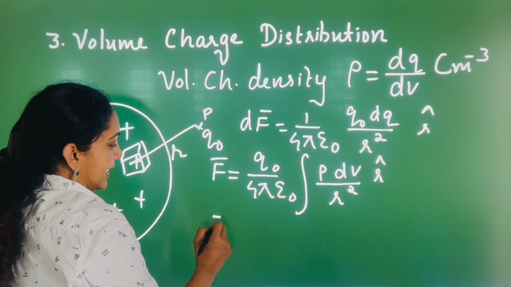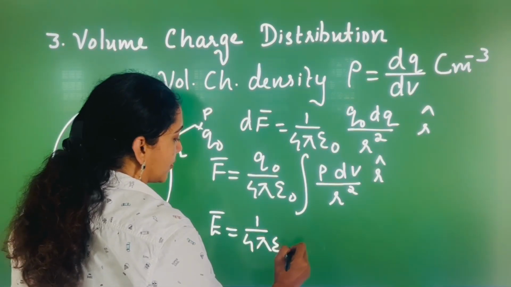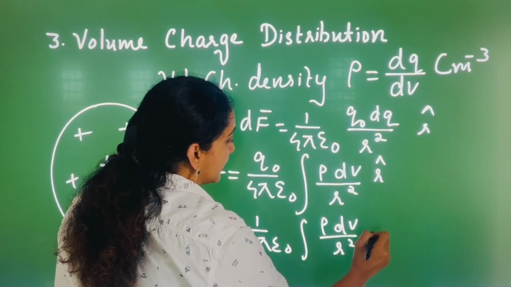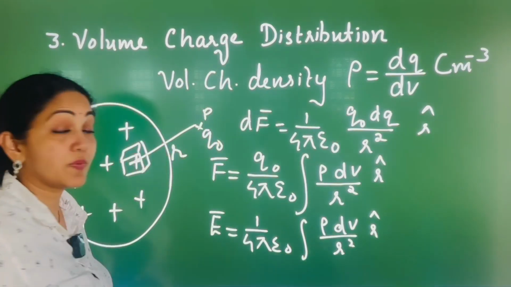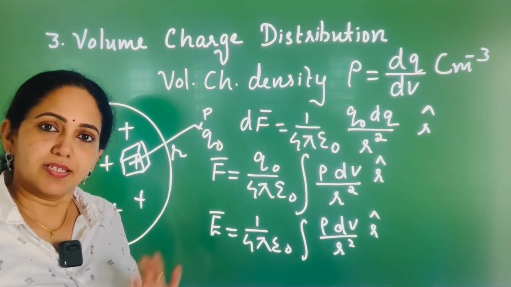Okay, and electric field can be written as 1 by 4 pi epsilon 0 integral rho dv by r square unit vector r. This is equation for force and electric field due to a volume charge distribution.